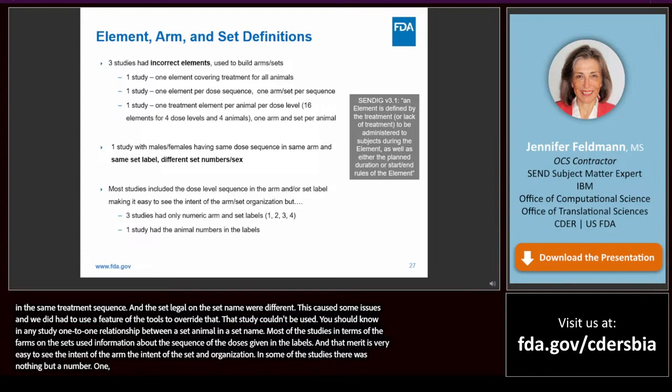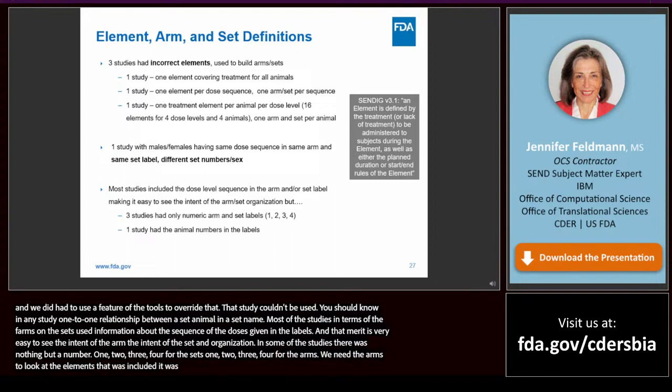It is, of course, possible to go into the arms to look at the elements that were included, but it was certainly nice to have the definition of the treatment sequence in the arm, so it was easy to spot.